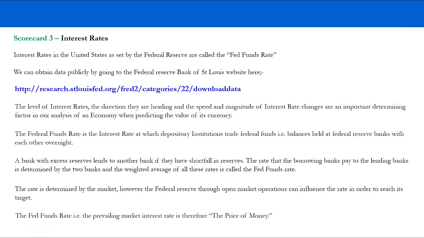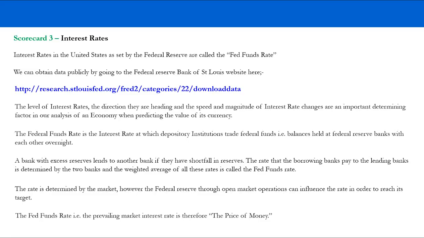So when we're analyzing interest rates as one of our drivers, we always have to keep this in the back of our minds: that it's a price of money as set by the market rate, and a rate at which the Federal Reserve wishes interest rates to be and manipulates them to be. And also on top of that, the definition of the price of money, as in the price at which money is borrowed and lent.